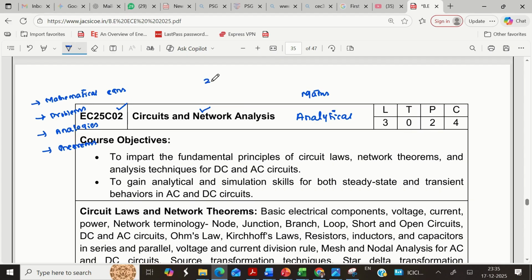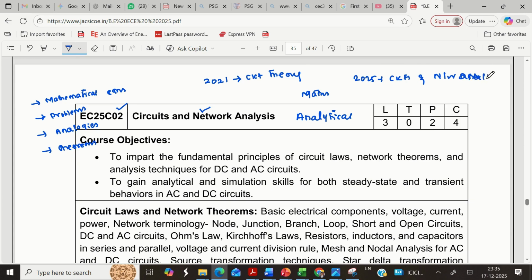As far as the 2021 and 2025 curricula are concerned, in the 2021 curriculum this subject was called Circuit Theory, whereas in the 2025 curriculum it is called Circuits and Network Analysis.